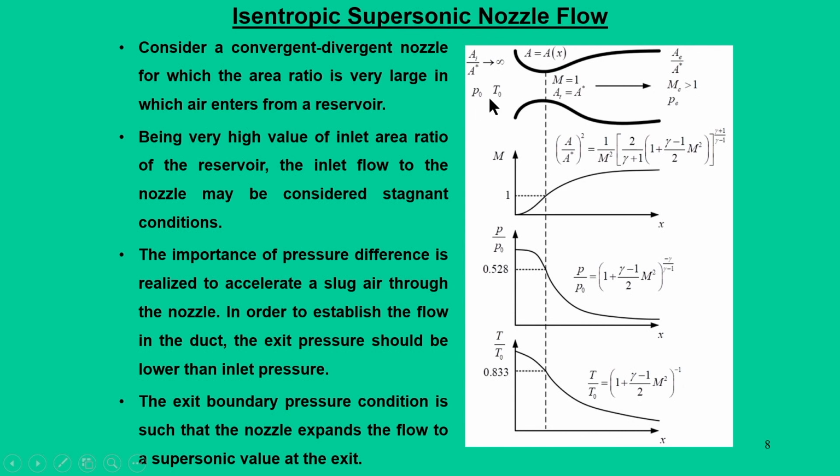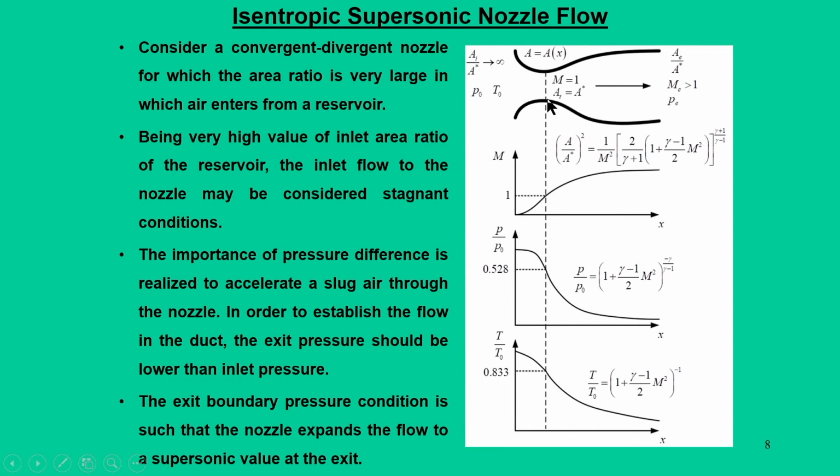So, when it tries to enter, since these pressures are very high, the flow tries to rush to this converging passage. At reservoir conditions its velocity is almost 0, and when it rushes, it accelerates.